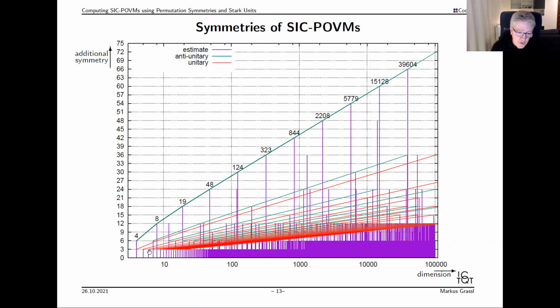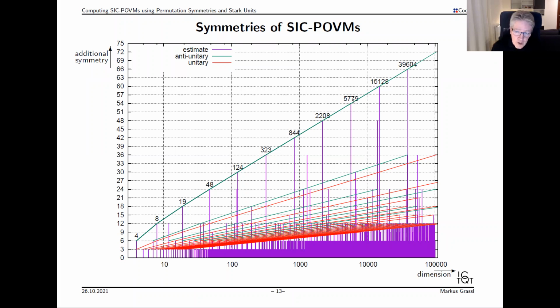But since we have a logarithmic scale for the dimension and a linear scale for the symmetry, that means the symmetry only grows with the logarithm of the dimension. And we conjecture that this is actually the most help you can get from the symmetry.